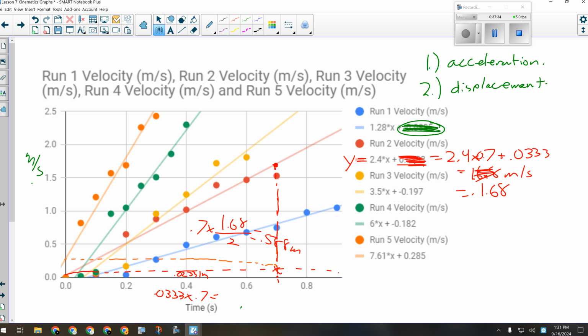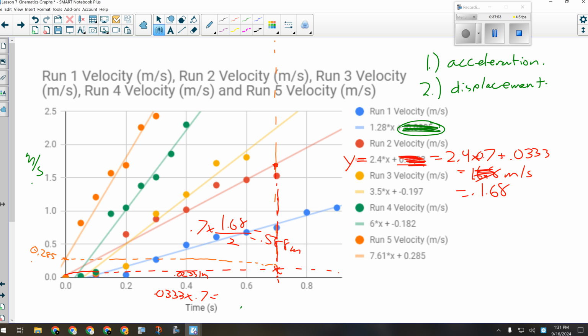I'm going to have this triangle that goes way above the graph, beyond anything we have, and they're going to look like that. Now, what's the height of this orange rectangle? Yeah, 0.285. Okay, it's the y-intercept. That's where that line starts.